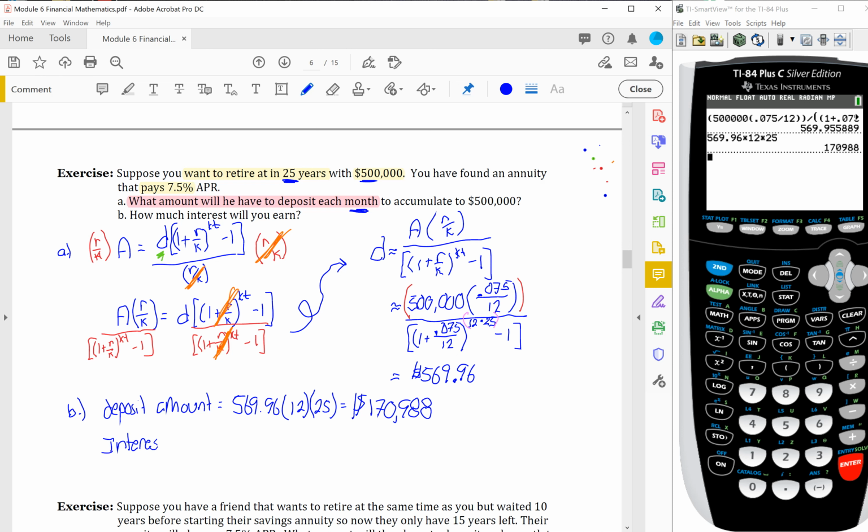Well, your interest, that's going to be the amount of money that you actually claimed as you funded this annuity. It'd be the $500,000 minus the $170,988.